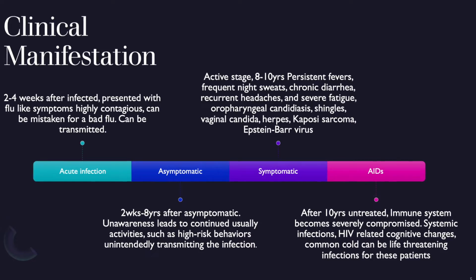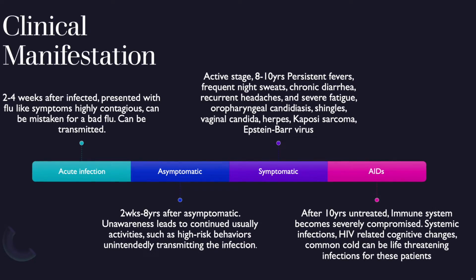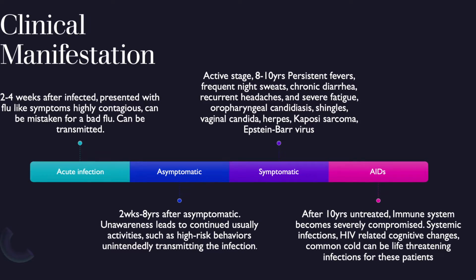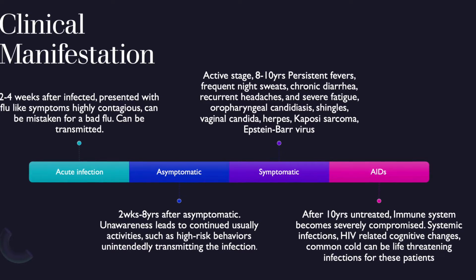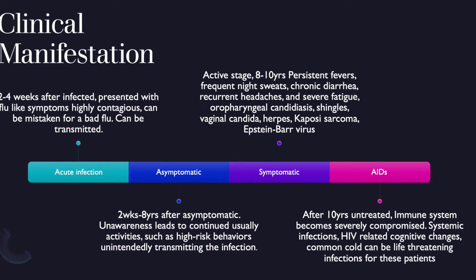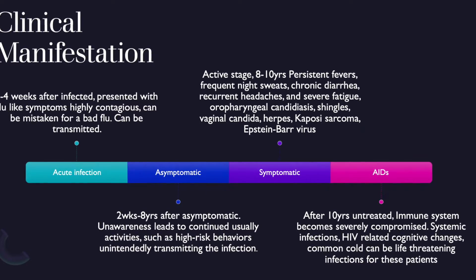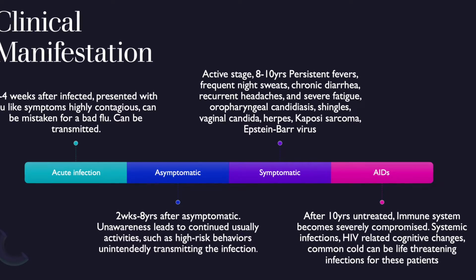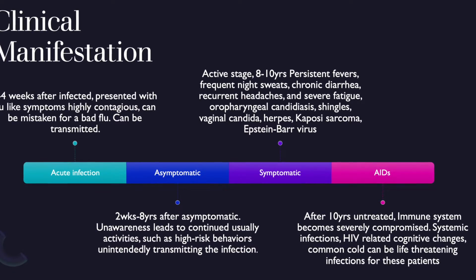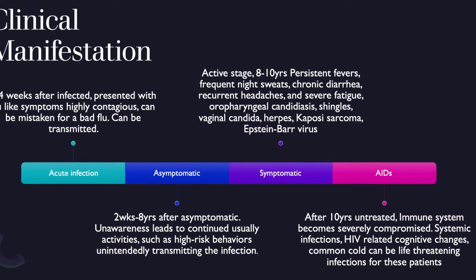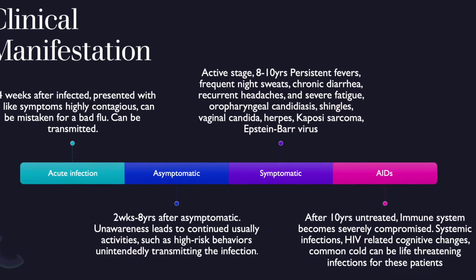The third stage is the symptomatic stage. This happens after that 8 years. And this is also called the active stage, where you have things like persistent fevers, night sweats, chronic diarrhea, recurrent headaches, fatigue, thrush, shingles, yeast infections, herpes, and you can actually get Kaposi sarcoma or the Epstein-Barr virus.